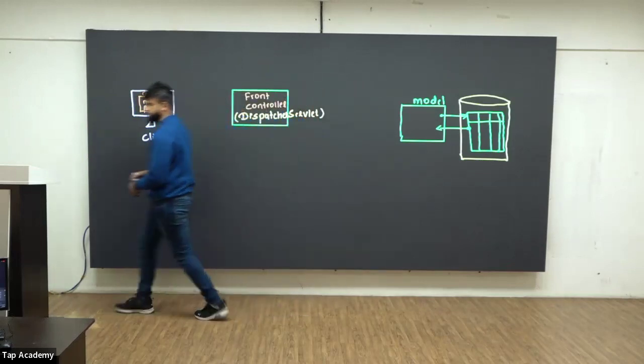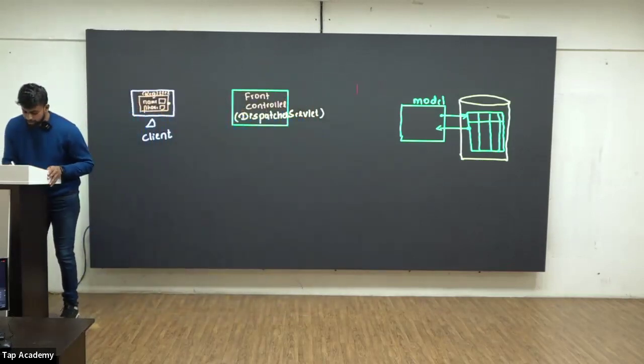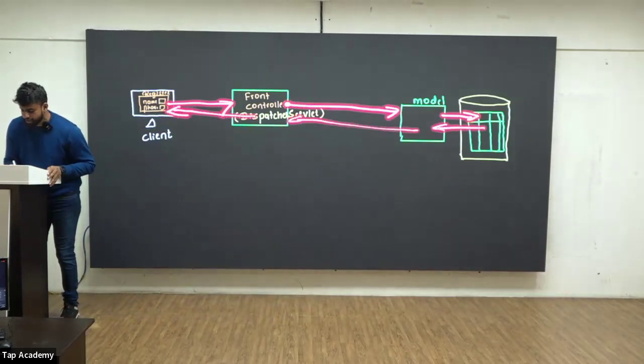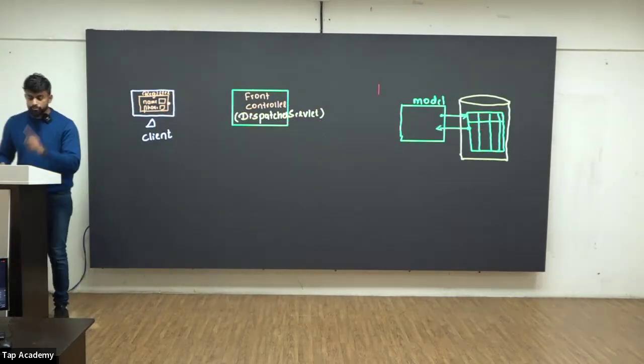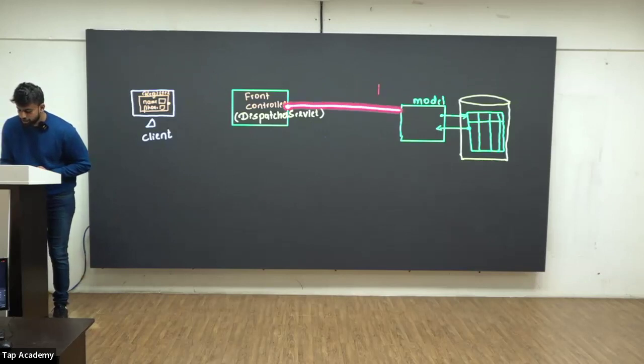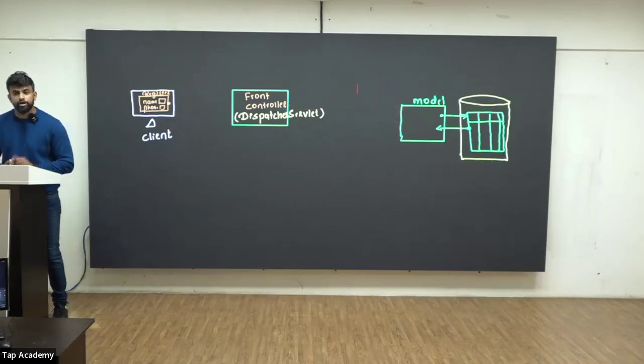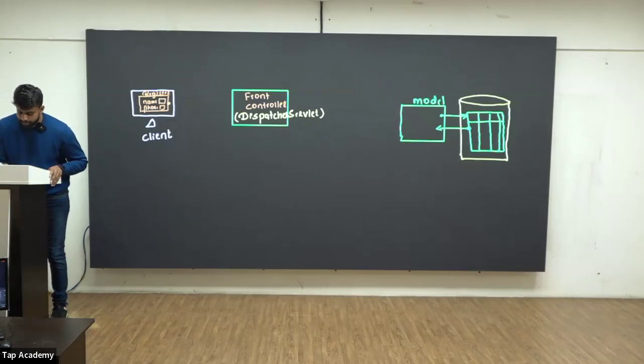Means if you think that from here, you should go to front controller, from front controller, you should go to the model, and from model, it will fetch the data and it will come back in one straight line like this. You're absolutely wrong. Okay, sir. Then what should happen? From here, directly you cannot go to the model. You cannot. Instead, you need some people.